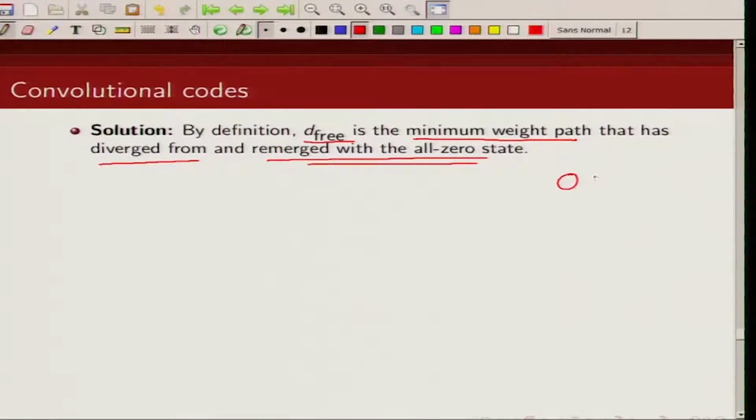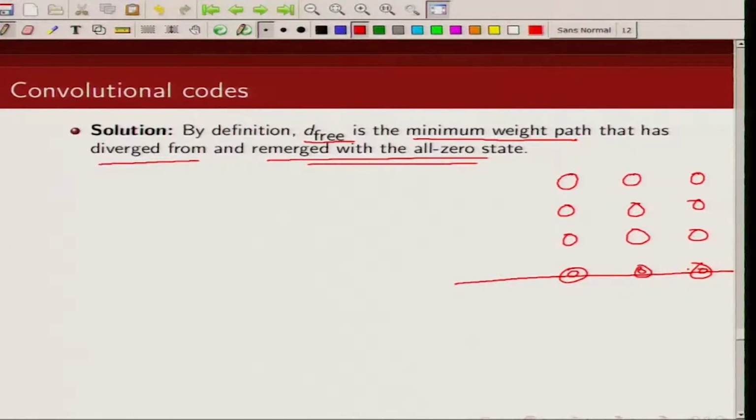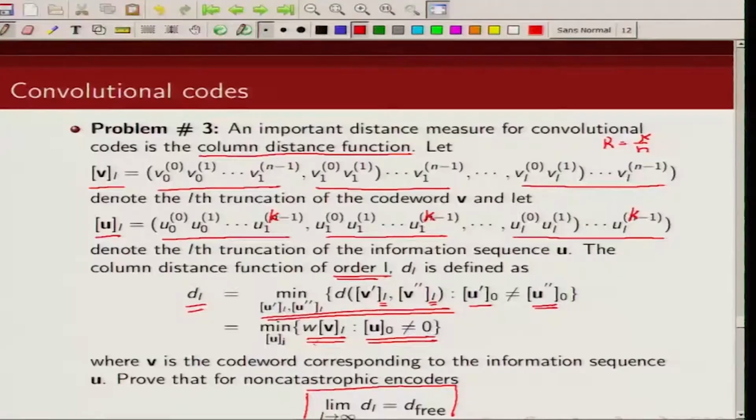So, let us say you have some 4 state convolutional encoder, and this is your all 0 state, and let us say you have some diversion from this and then you come back. This is your all 0 state, and what is your column distance function? It is the minimum weight of your code word belonging to a non-zero information sequence.